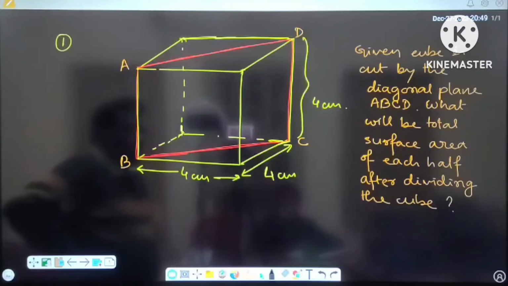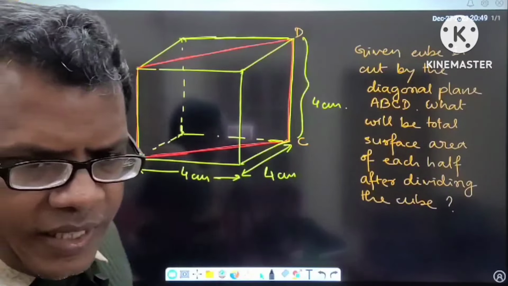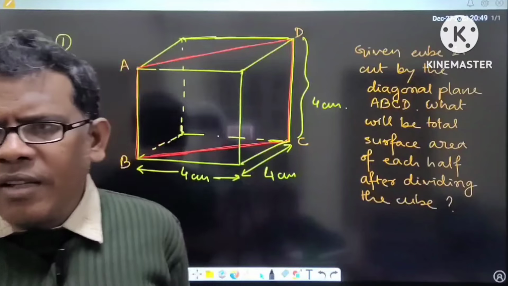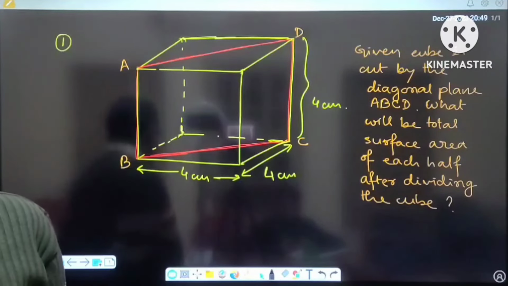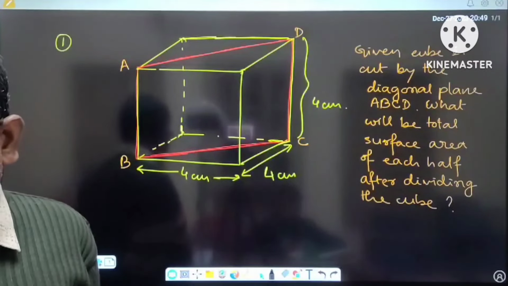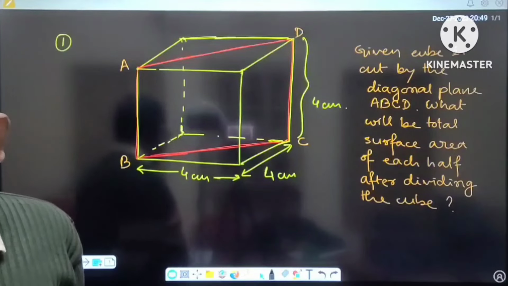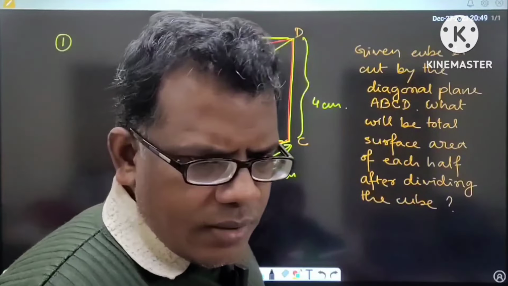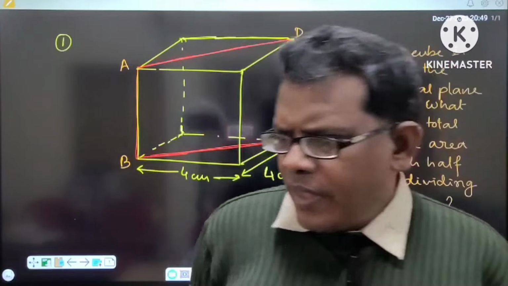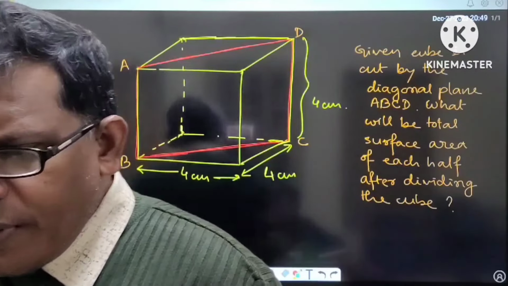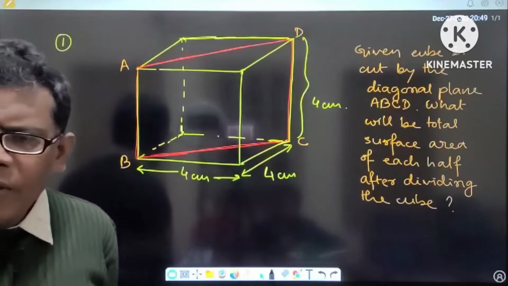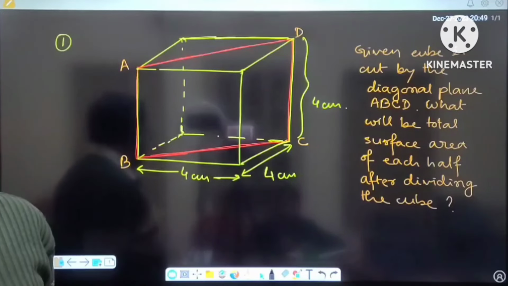Can you tell me, once you divide this given cubical block into two equal halves by the diagonal plane ABCD, right? Then once the diagonal plane cuts the cubical body, the two equal halves are found, right? So how many faces and what type of faces will you get in each part?